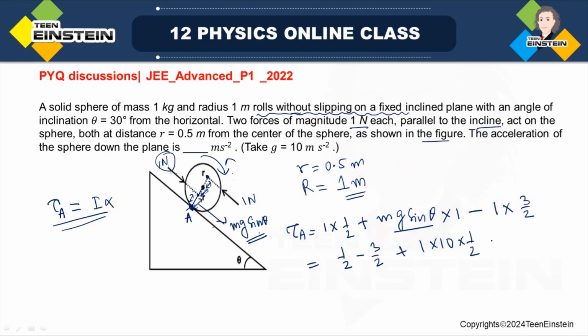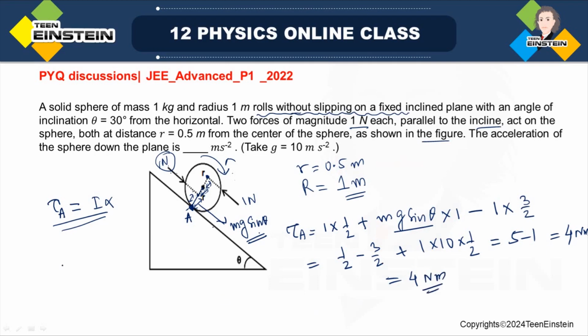So what I am getting is, so this will be 5 and this will be minus 1. So 5 minus 1, this will give you actually 4 Newton meter, okay, 4 Newton meter. This is the unit of torque.